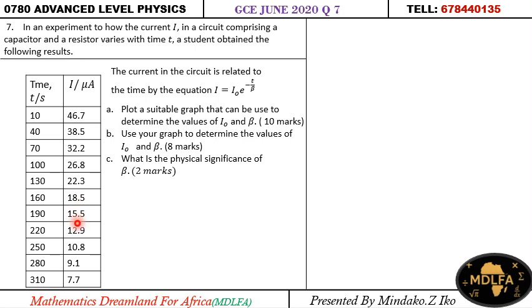My advice on this topic is that what many students find difficult is linearization, so that they can come up with the relevant equation they can apply and process their data. And the emphasis here goes to this C part, where they will always ask students the physical significance of that quantity.